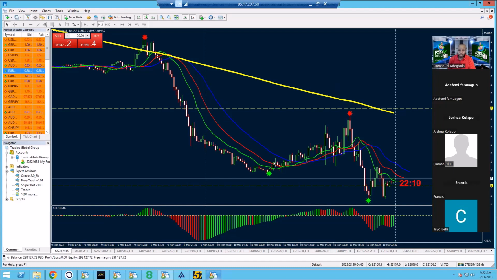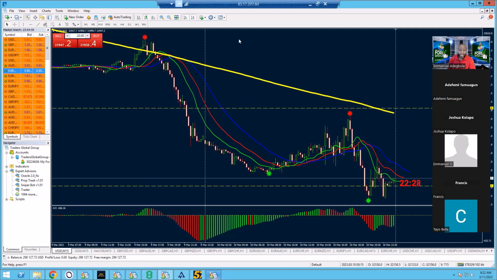The moment you see the three of them coming together, you know the alligator is about to sleep, so you exit your trade. So what I did is introduce Phoenix. Once I see my opposite Phoenix, I exit the trade.